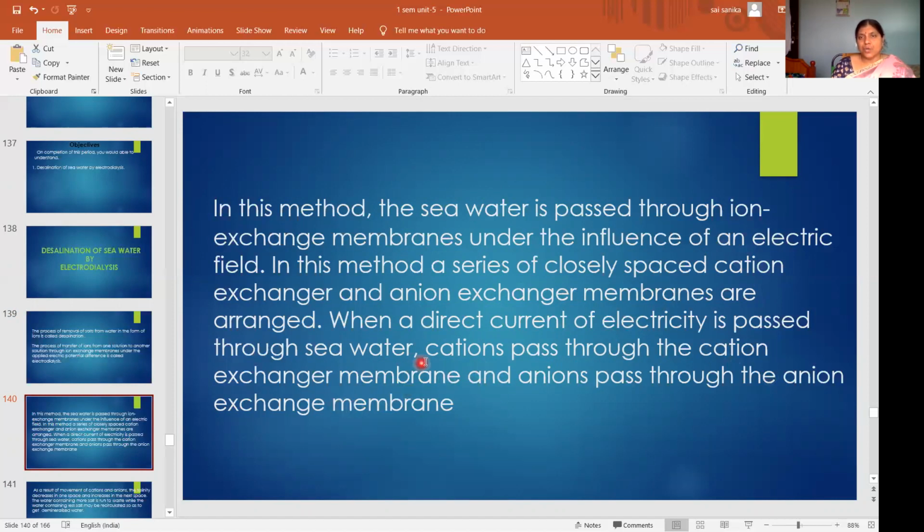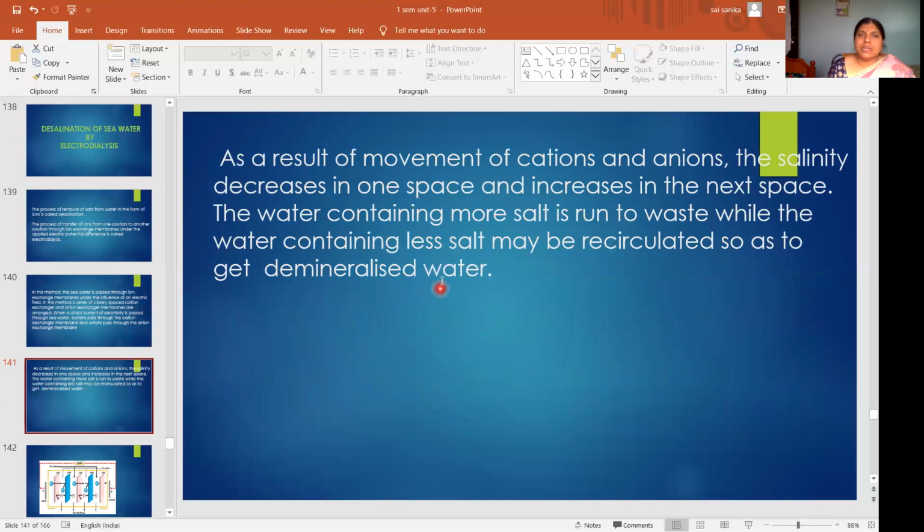Due to this movement of ions from one place to another, in one region saltness is increasing and in another region saltness is zero. The water which has no salts will be recirculated to get demineralized water, and the water containing more salt will be drained as wastewater.